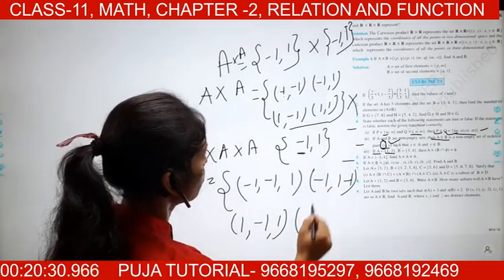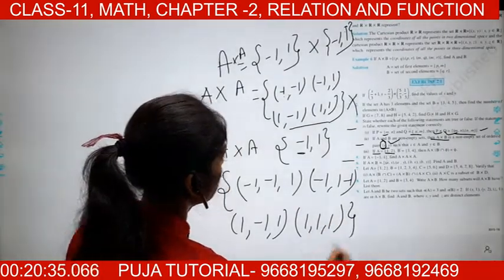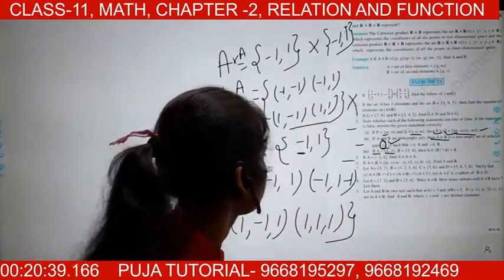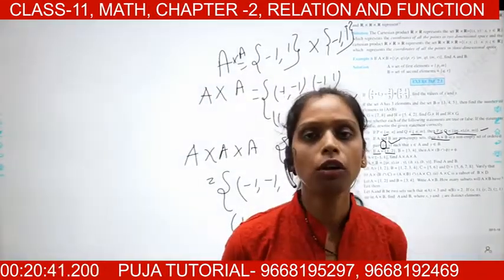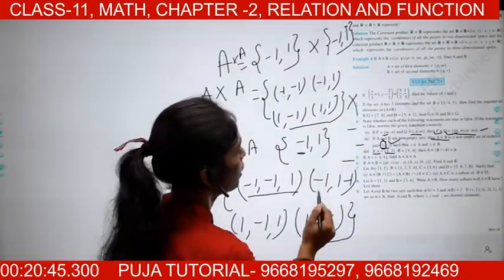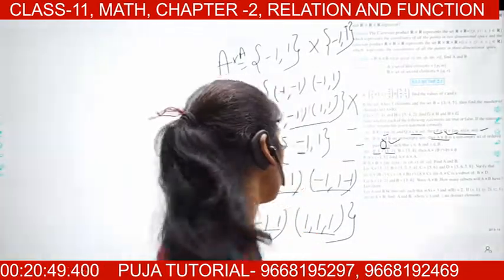And fourth one, 1, 1, 1. Then it is called an ordered triplet. This is called an ordered triplet.